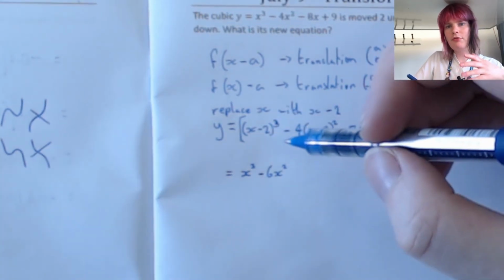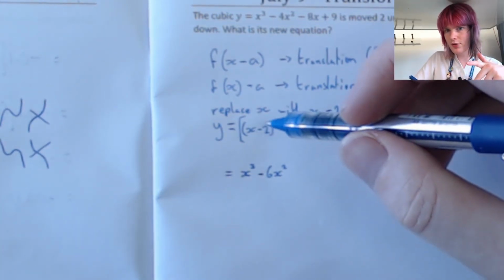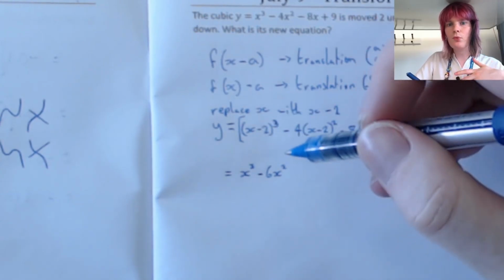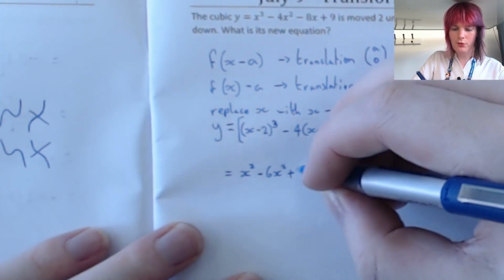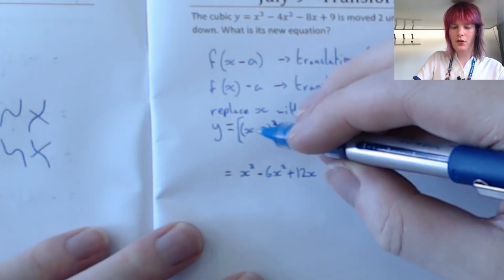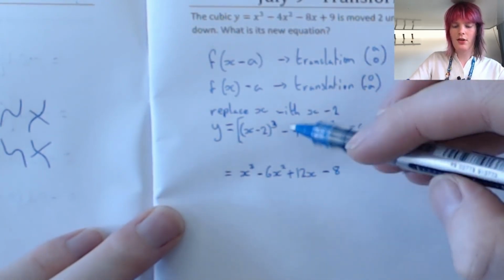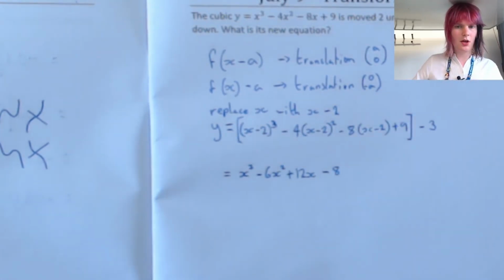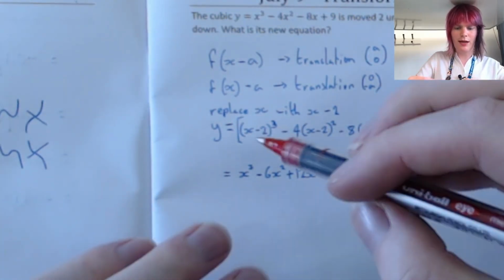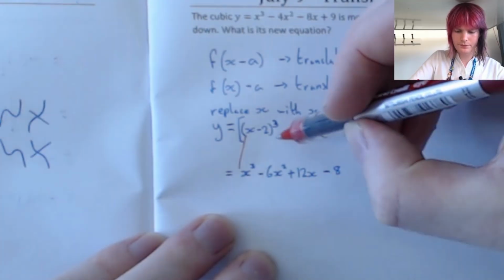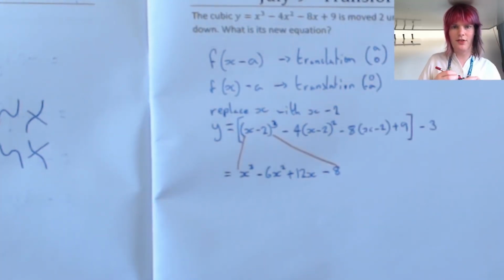Going to get 3 times x times minus 2 times minus 2, which becomes plus 12x. And then that minus 2 cubed is going to become minus 8. So that's this first part expanded. And we'll just highlight where that has come from.